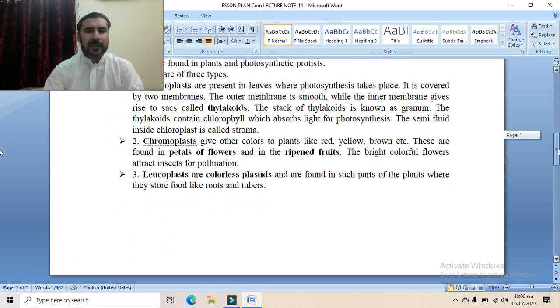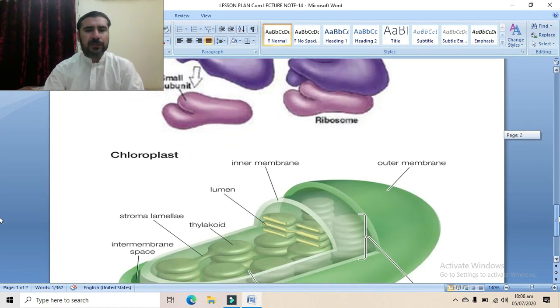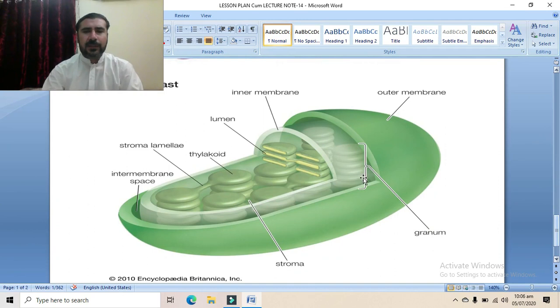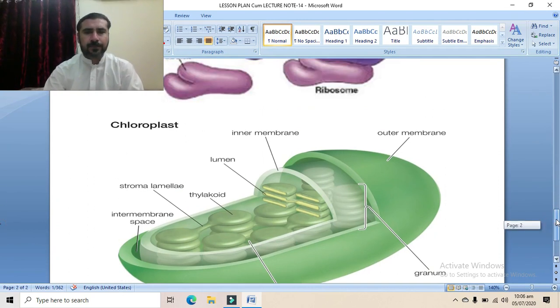So diagrammatically we will observe this diagram. This is the chloroplast. It is covered by two membranes. This is the outer membrane of the chloroplast, and this is the inner membrane.